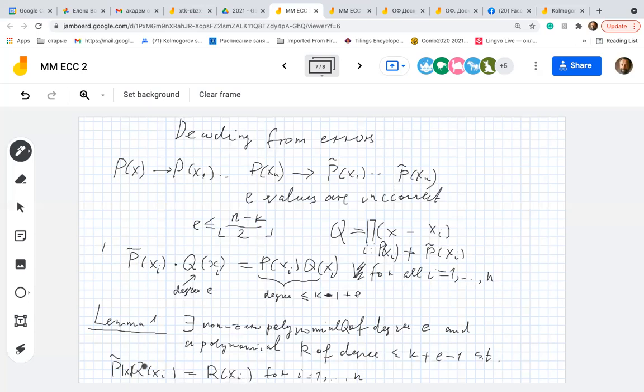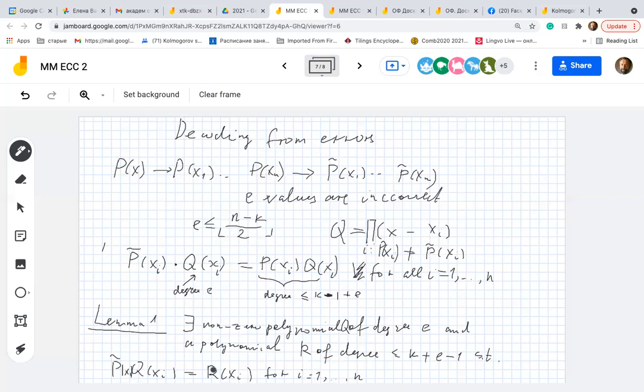And also q of xi is a linear combination of our variables. Tilde p of xi is some specific number given to us. Hence, every such equality is actually a linear equation in our variables. We will write this system and solve it.